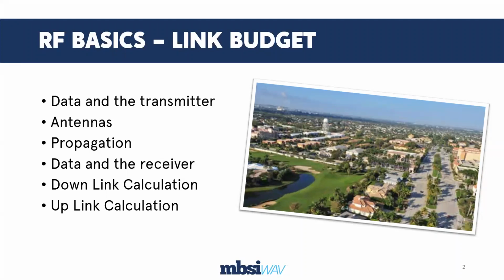There's a receiver somewhere out there that picks up that signal and converts it back into the same Ethernet data, hopefully, that was brought into the access point in the first place. We're going to talk about the uplink and the downlink link budget calculations and what they mean.